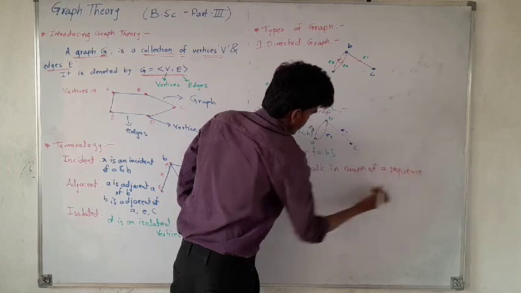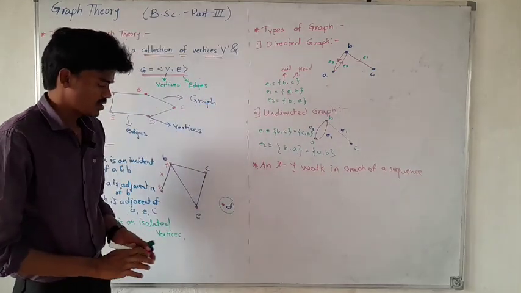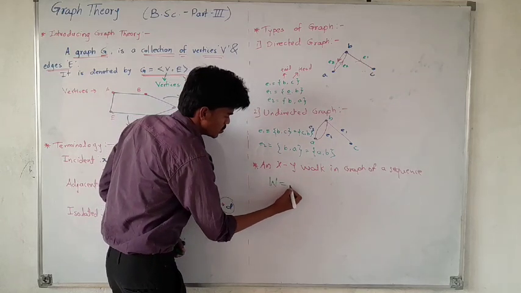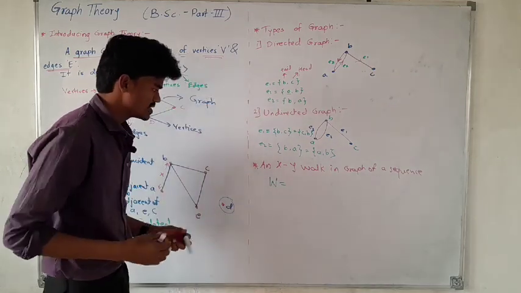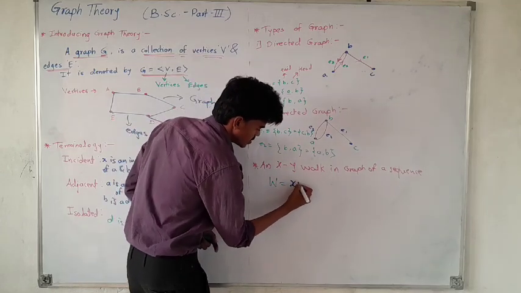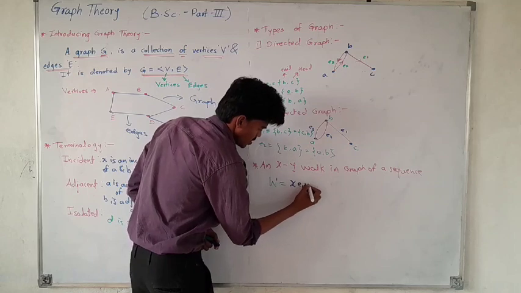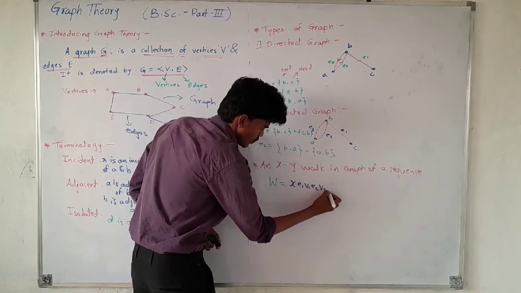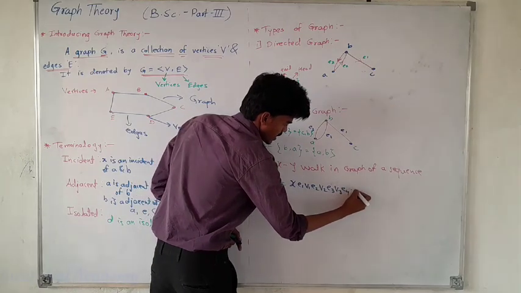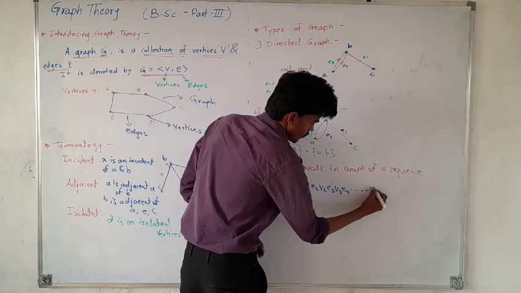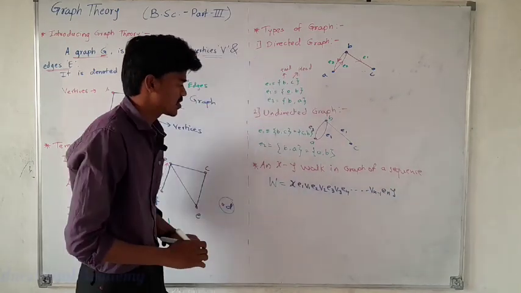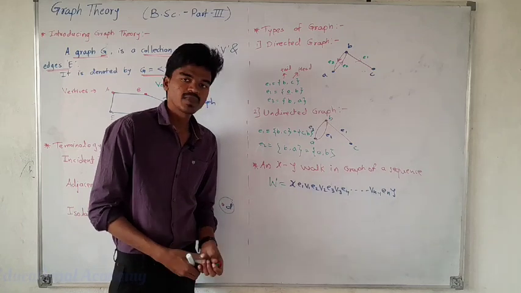Generally we can represent an XY walk as W = X, e1, v1, e2, v2, e3, v3, e4, and so on, up to v(n-1), en, and the last Y. This sequence is called an XY walk.